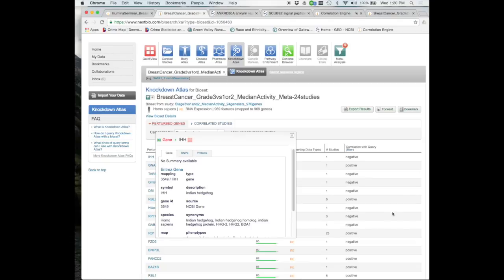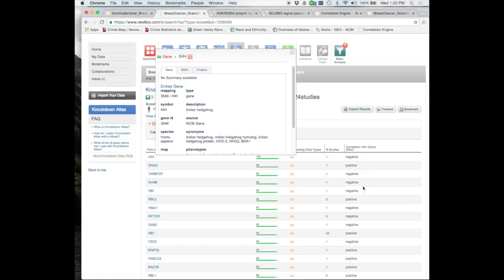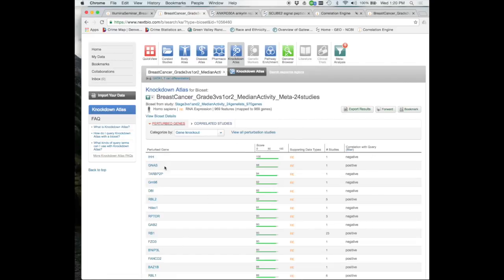When you knock this gene out, it has a negative correlation to my genes. So what that would be telling me is that that's probably an oncogene, right? If I knock it out, it seems to turn my genes kind of the opposite. So that's probably an oncogene. If I knock something out and it has a positive correlation, that's probably my tumor suppressor.